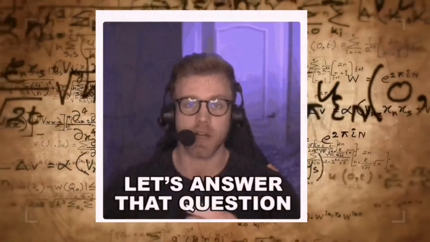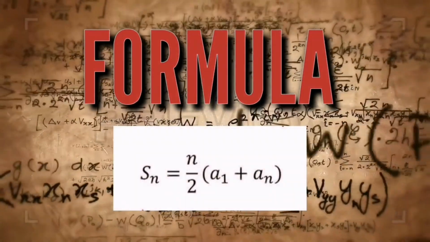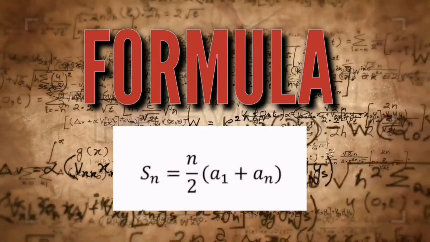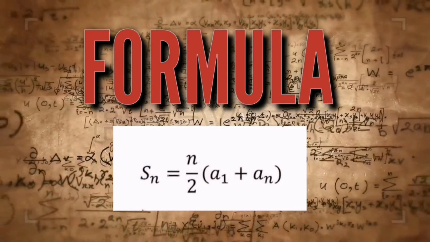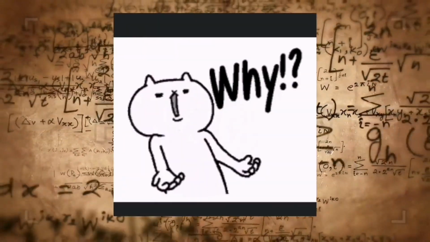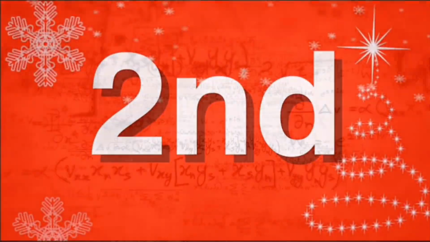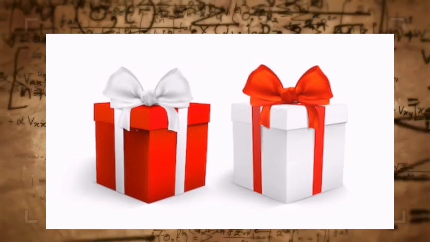To answer that question, we need to use the formula S sub n equals n over 2 times the quantity of a sub 1 plus a sub n. Why? Because this is the illustration. On the first day, I received one gift. On the second day, I received 2 gifts from my one true love.